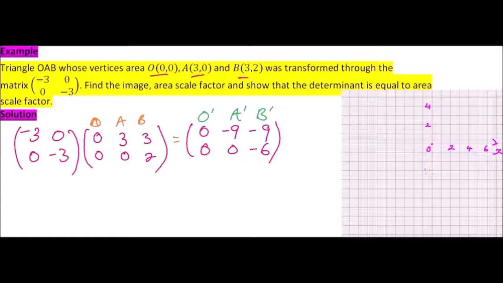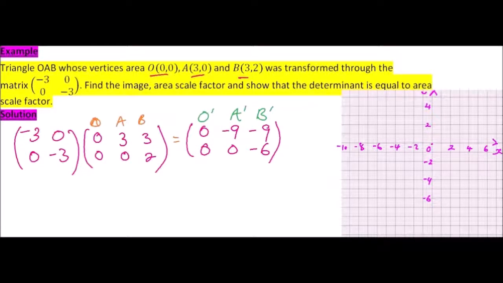Then we fill the negative side where we have minus 2, minus 4, minus 6, and we have the negative side of x up to minus 9, because the lowest value of x is minus 9.